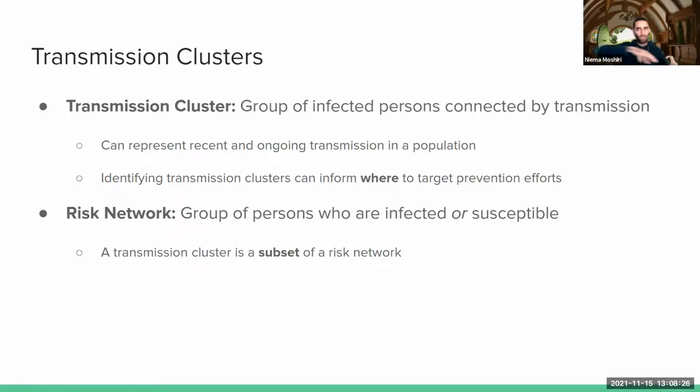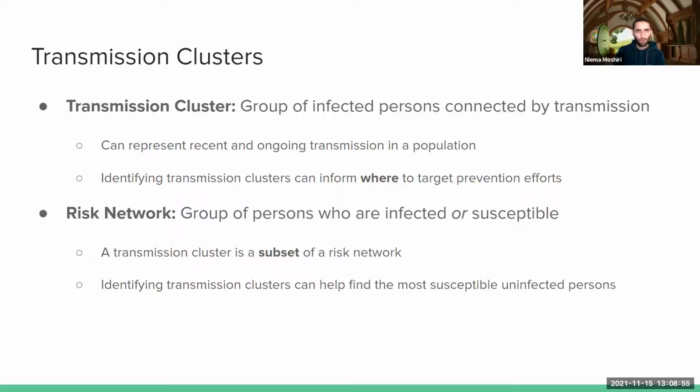The risk network is all of the people in this community who could become infected. Either they're already infected or they're susceptible, so they could become infected in the future. Versus a transmission cluster is just the folks who are actually infected. So it's a subset of the risk network, just the people who are infected out of that overall risk network. If that makes sense.